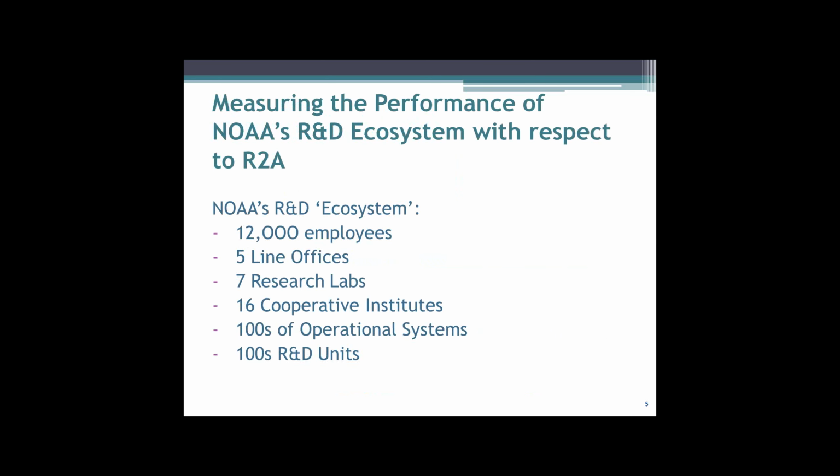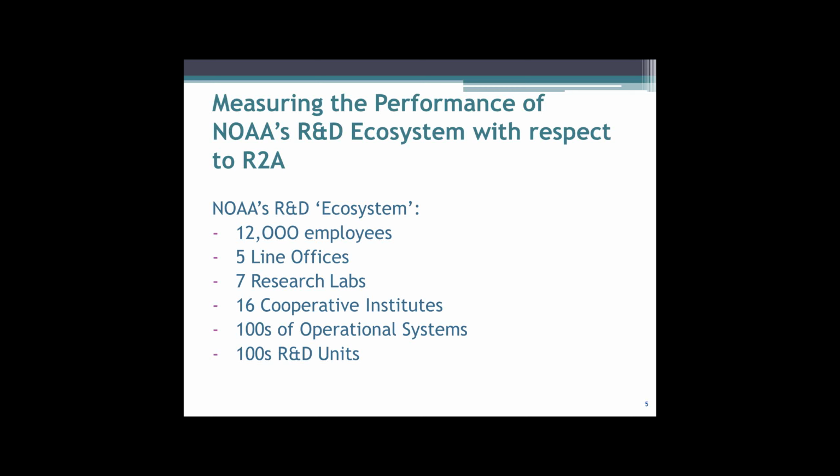The reason we want to measure the performance of this transition in the R2A arena is that NOAA has what I call an ecosystem for R&D, where you've got employees and offices and research labs and cooperative institutes and lots of operational systems, and all of this works in a variety of ways.